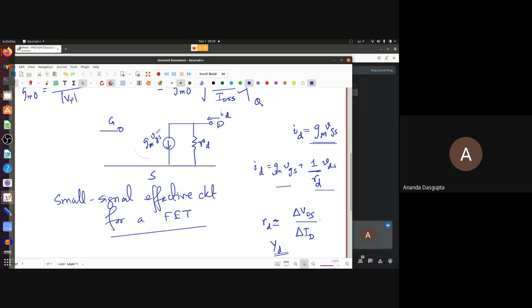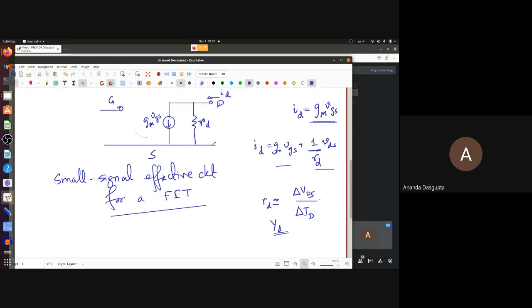Here, the current source is voltage controlled. In the BJT, the current source that you use, HFE IB, is current controlled. But that's easy to understand. A BJT is essentially a current controlled device. The FET, on the other hand, is a voltage controlled device. So this small signal equivalent actually makes life rather easy.